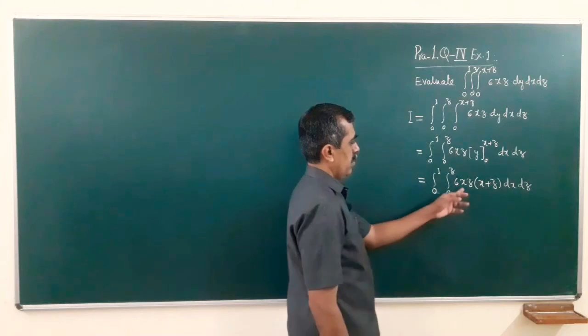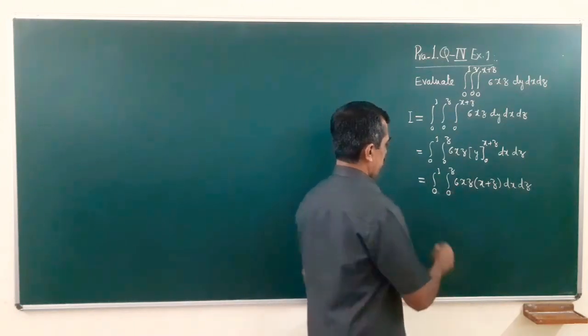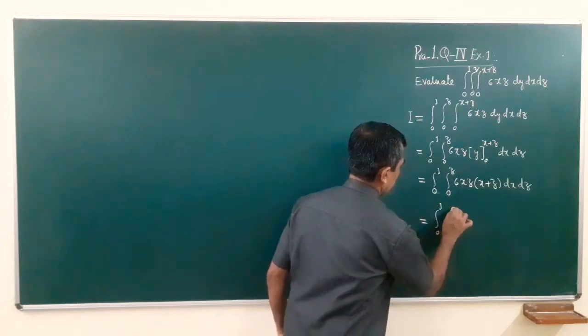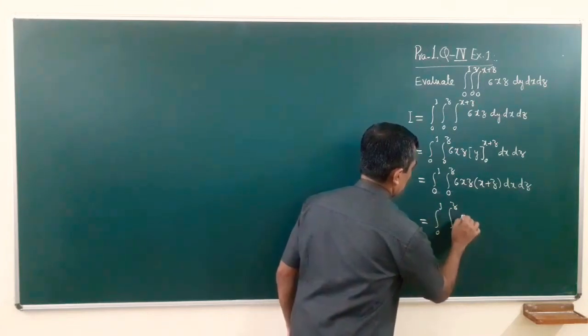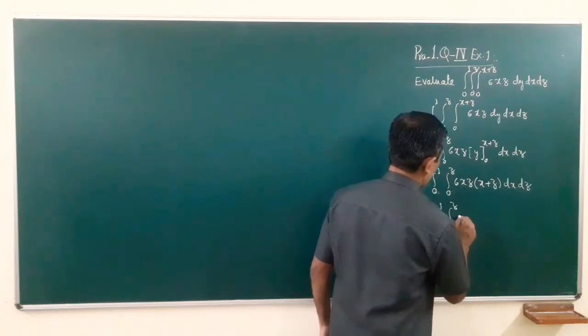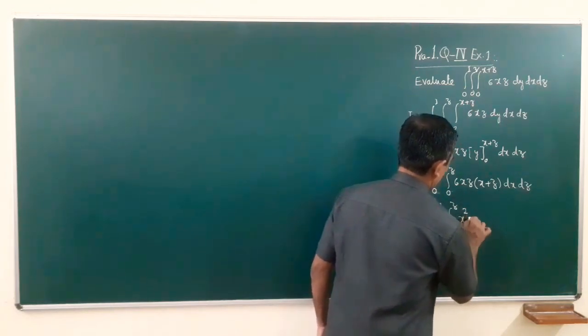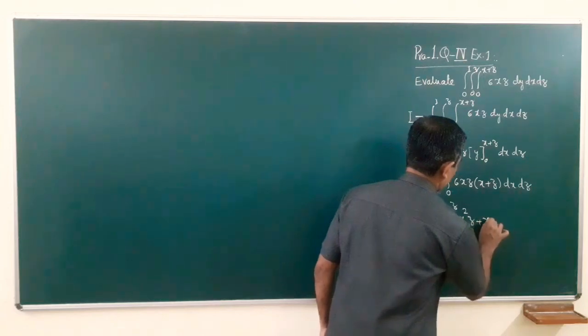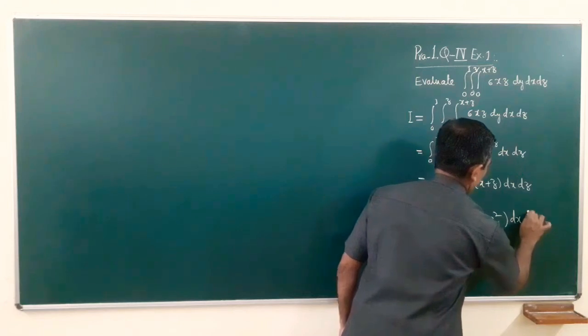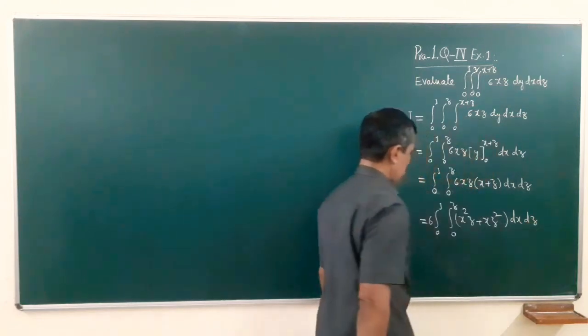Now just multiply inside by this 6xz. So this will equal the integral from 0 to 1, integral from 0 to z. I will take this 6 outside, so x square z plus xz square, with respect to x and with respect to z.